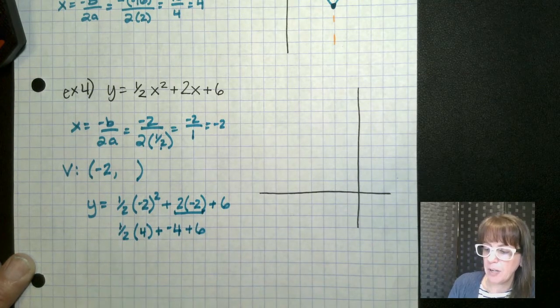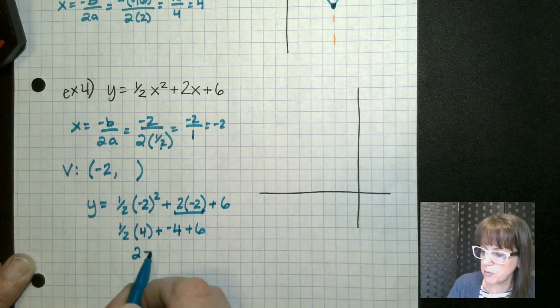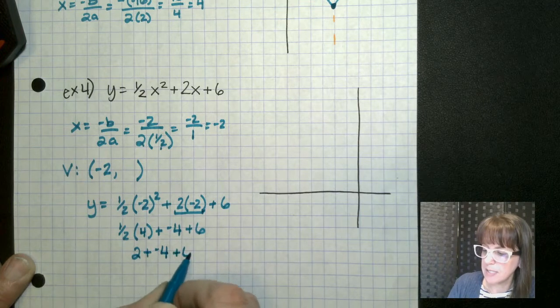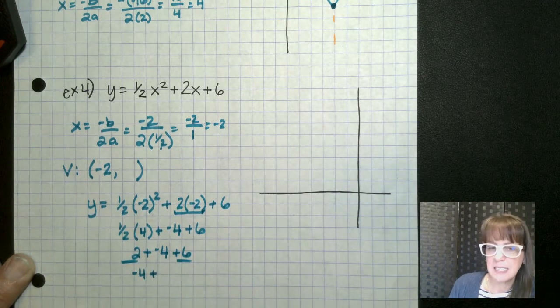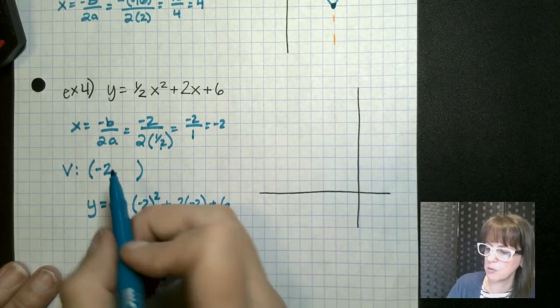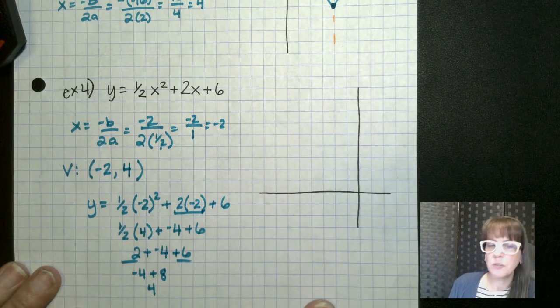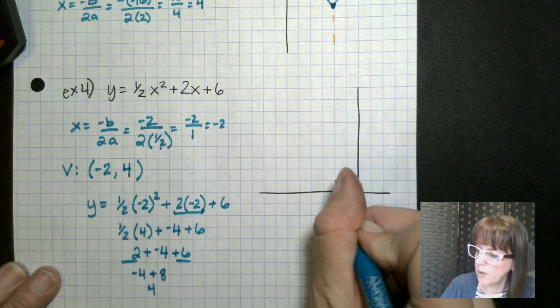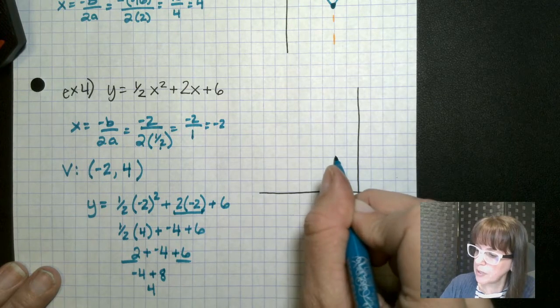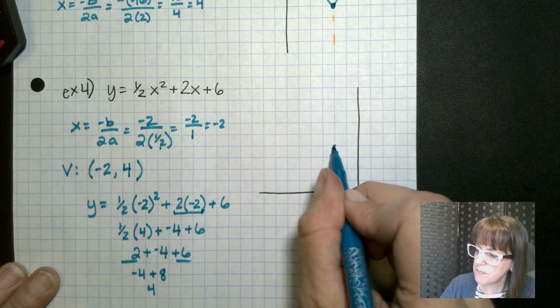Now, half of 4 is 2, so 2 plus negative 4 plus 6. So we have negative 4 plus, and then our positives are 6 and 2, which is 8. So that gives us positive 4, which is good because I was running out of room. All right, so there's our vertex. We know it's going to be over negative 2 and then up 1, 2, 3, and 4.